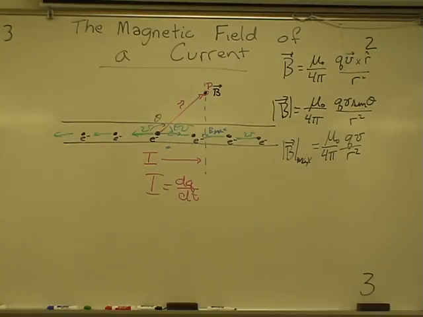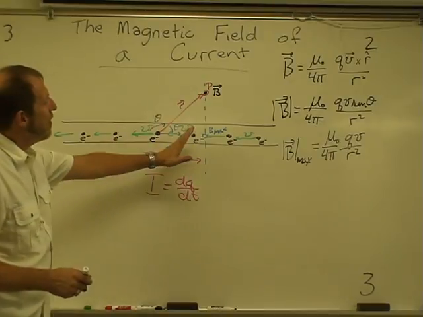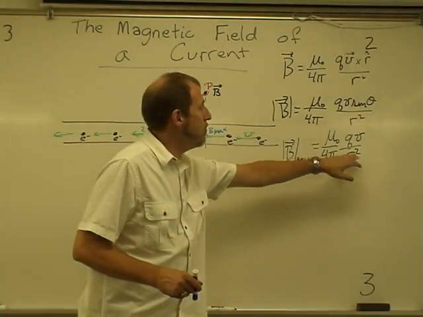And if I want to find, well, there's one step I can take in the middle. Suppose I'm looking at this flow, but I want to write this in terms of the current.